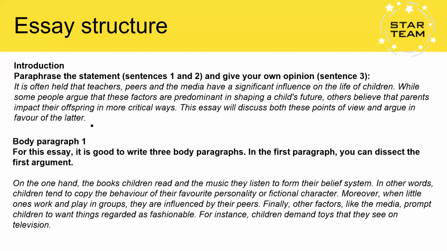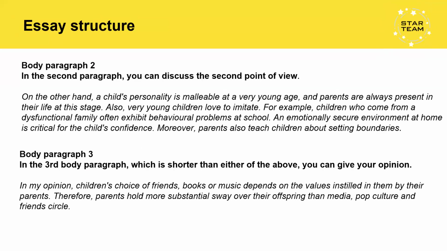And in the second paragraph, we write about parents, how much impact parents have on their children's development. So, on the other hand, a child's personality is malleable at a very young age, and parents are always present in their life at this stage.